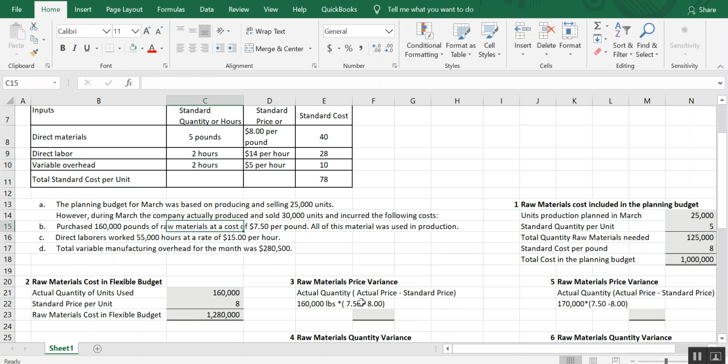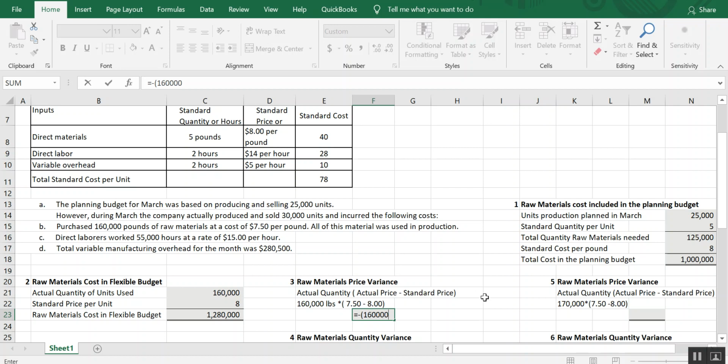160,000 at $7.50. So we take that actual quantity times the actual price minus the standard price. So I'm going to do this. I'm going to take the equal sign minus, because this is going to come out negative, and I don't want a negative number. But we have 160,000 pounds times $7.50 minus $8.